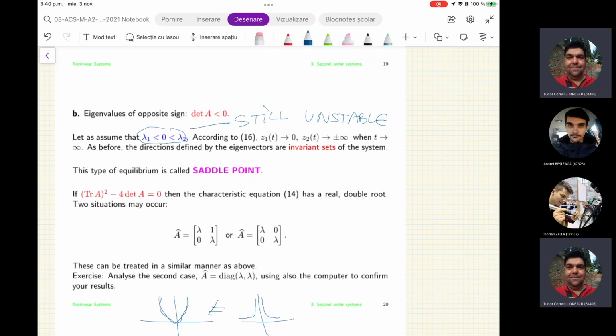Right. Now, what happens if we have a double real root? We may have the Jordan block case, which is the normal, regular, physical case, and we have the so-called degenerate case, which is this one.